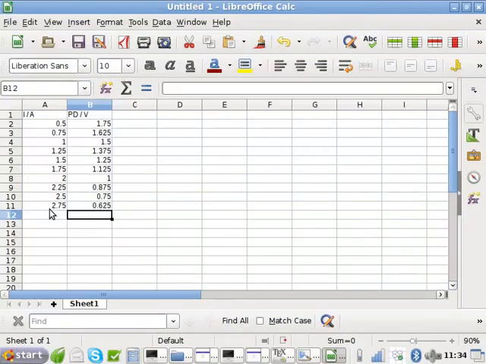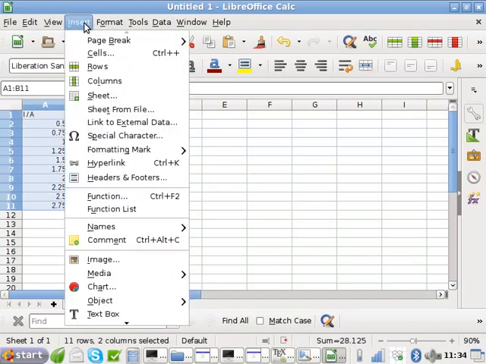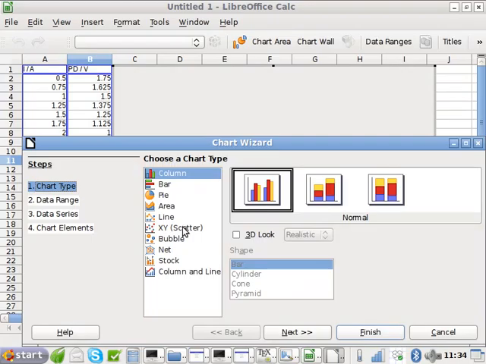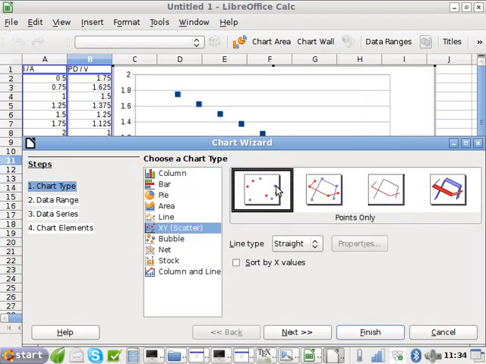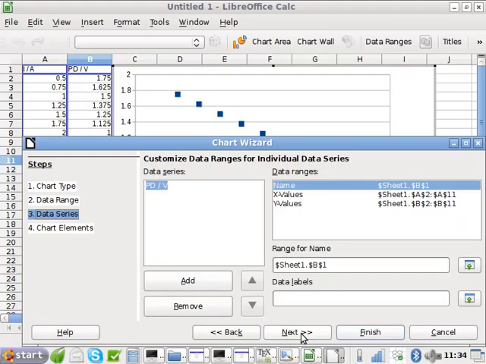Graph. Okay, let's make the graph. Okay. Scatter. We'll do it like this. Your graph was decreasing? Yeah.